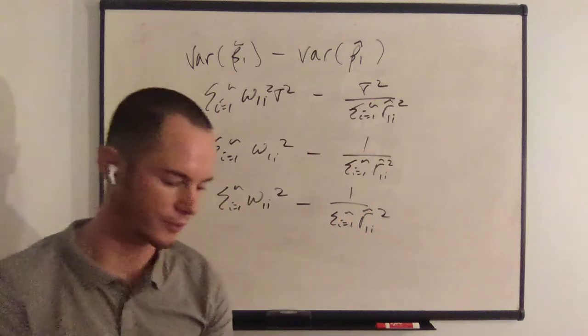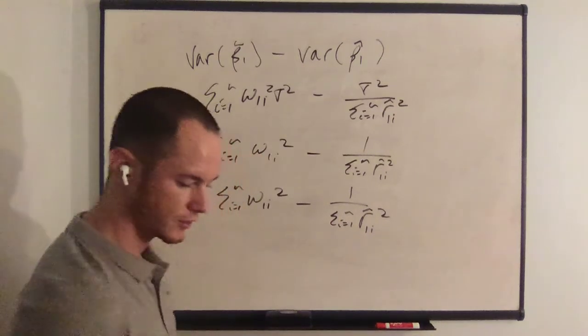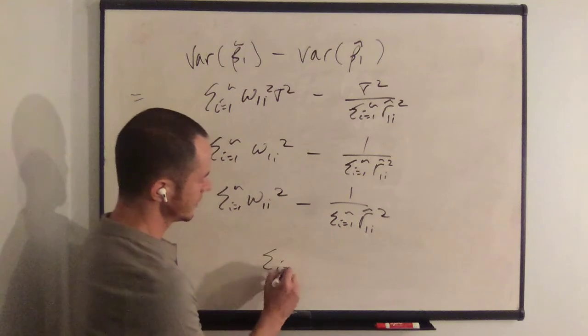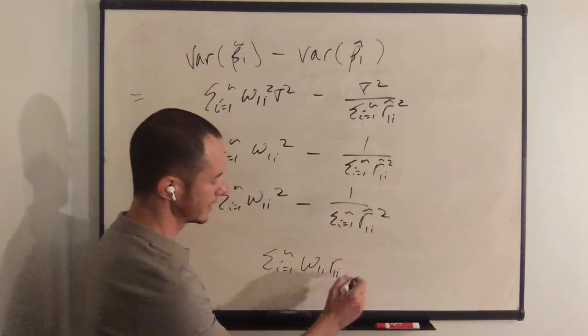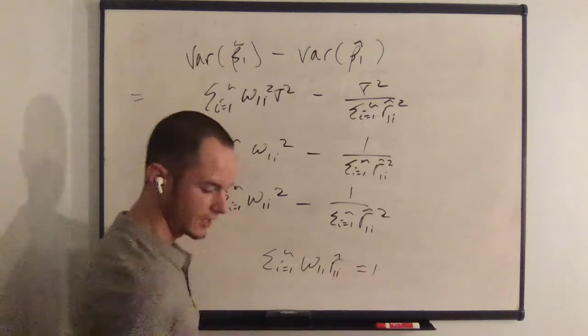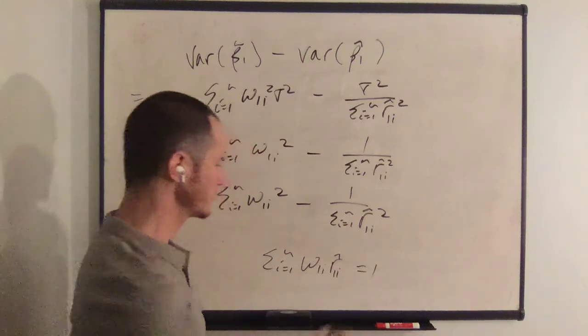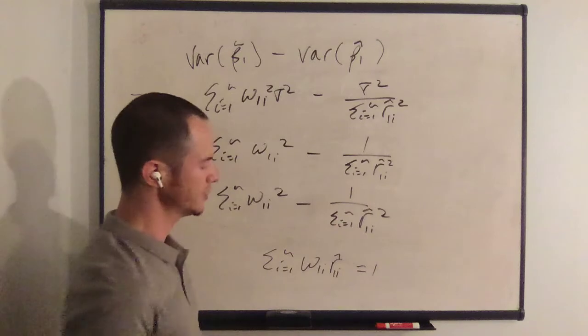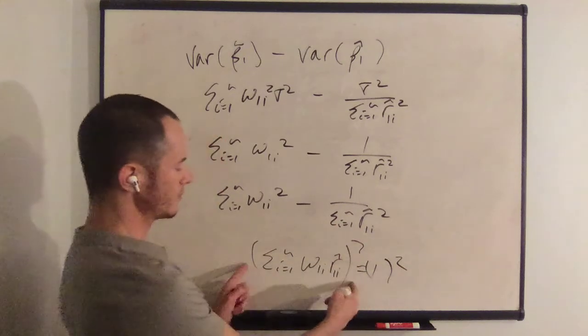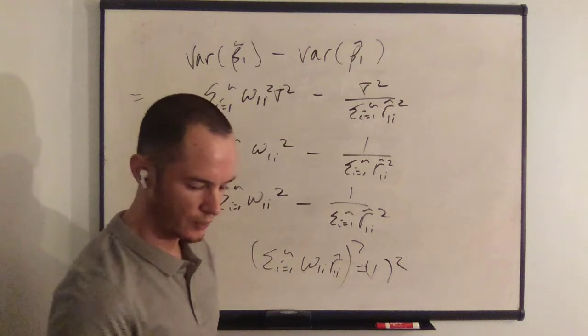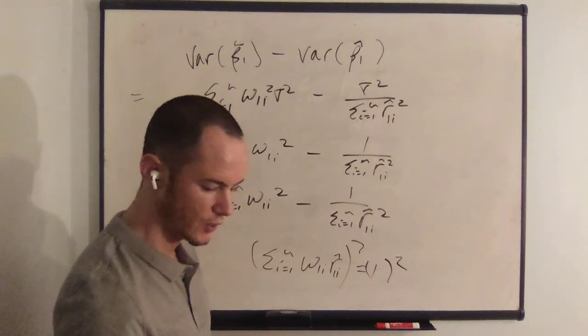And then what we can do is substitute in the sum from i equals 1 to n of w1i r1i hat equals 1. Even if we square that term, it is still going to be equal to 1.